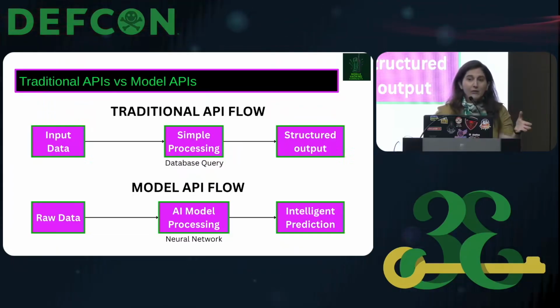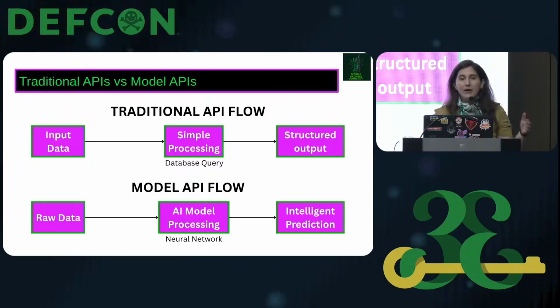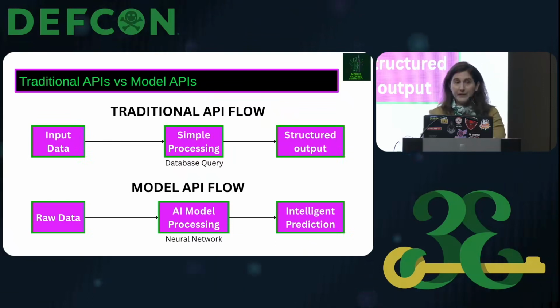Even error handling is different, because a traditional API will give you clear errors such as invalid input or server down. But a model API will probably give you confidence scores or tell you the prediction is uncertain. So the bottom line is this: traditional APIs are like efficient data processors, while model APIs are more like having some sort of assistant that can understand and make decisions about your data.